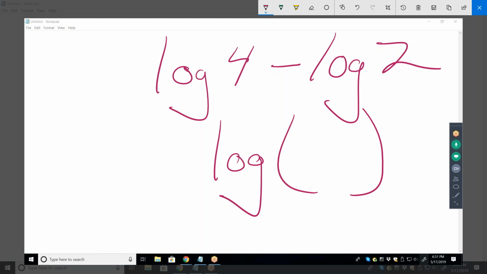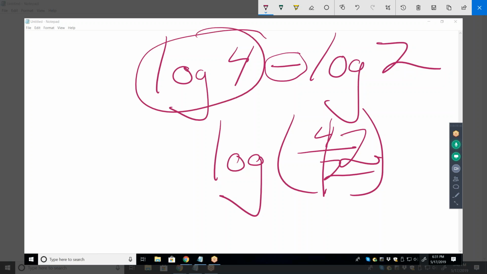You don't multiply them now. We're doing subtraction. Exactly. In other words, we're going to divide. 4 over 2. And then you can simplify that into just 2. So the log of 4 minus the log of 2 is indeed equal to the log of 2.